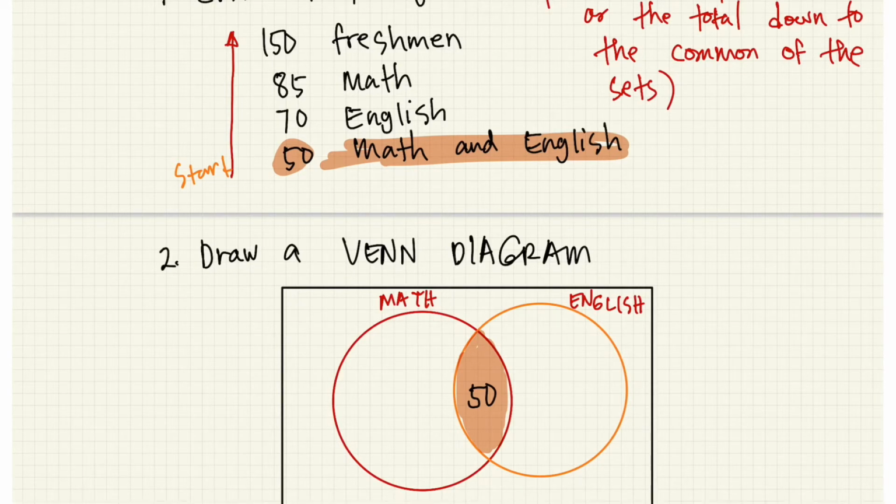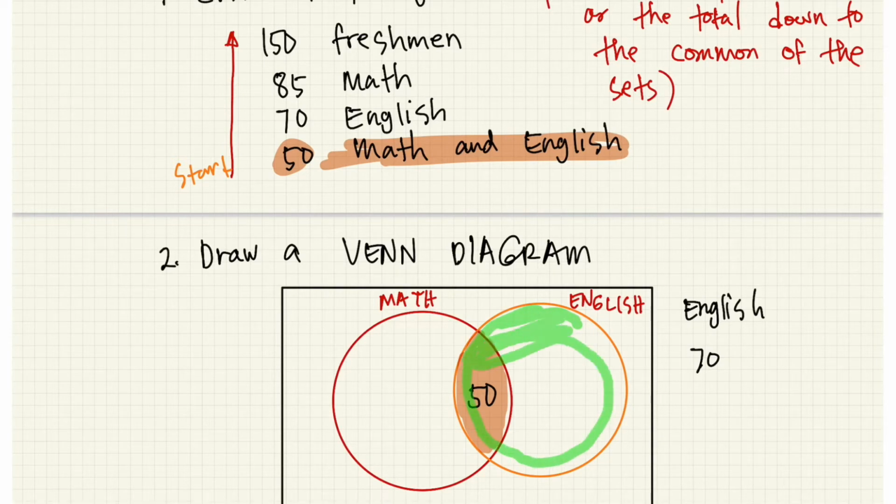The next one that we're going to have is for English. So we write here English. There are 70 students who enrolled for English. Now since when you're going to look at it, there's already 50 inside the circle. If this is the set for English, or this is the circle for English, anything that is inside that circle belongs to it.